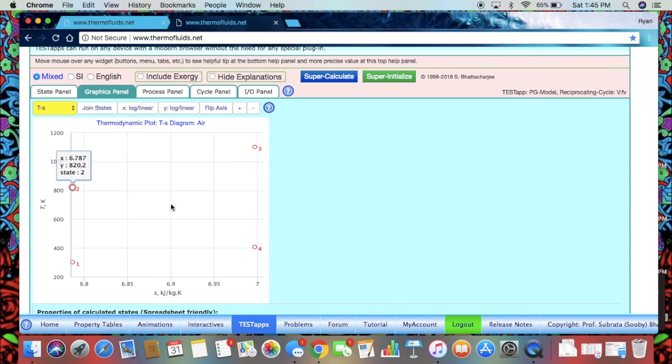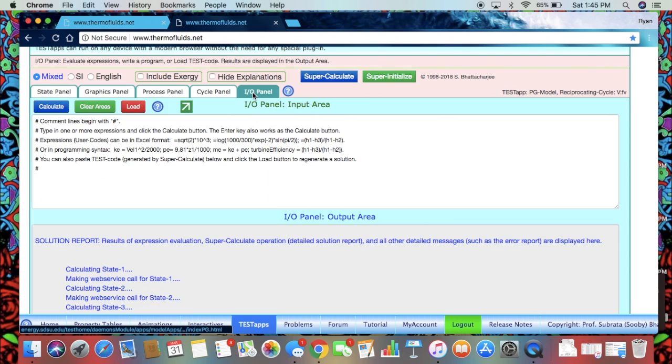Graphics panel indicates they're isentropic. The I/O panel we can show.